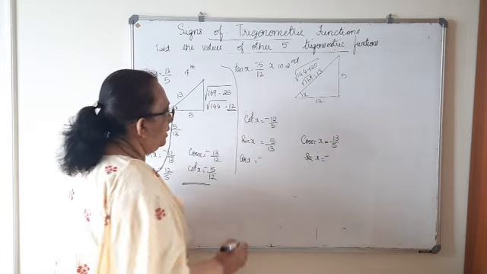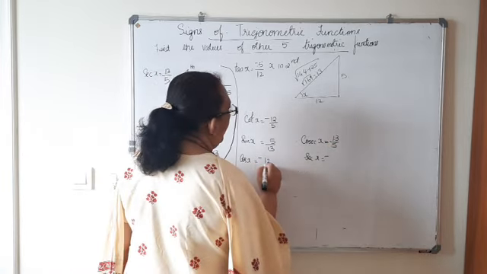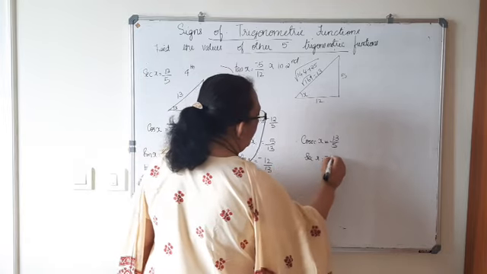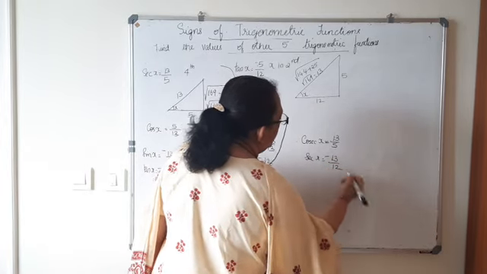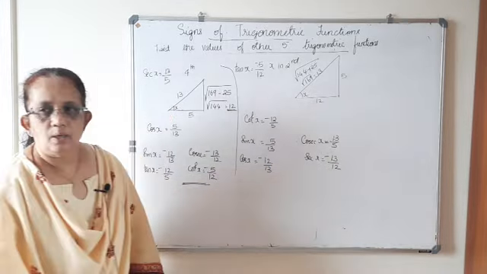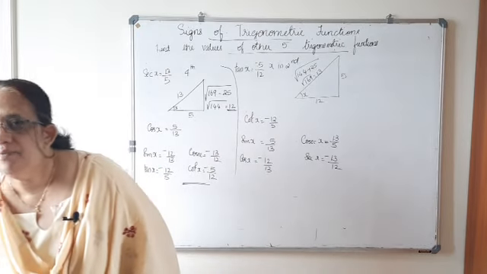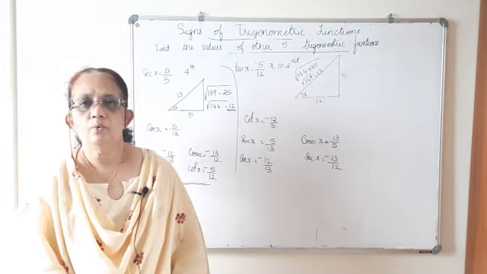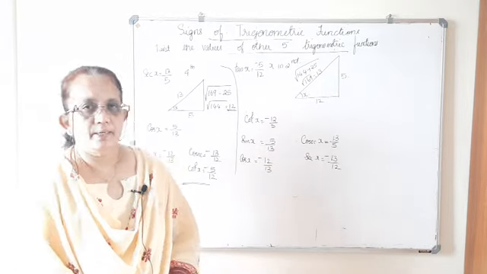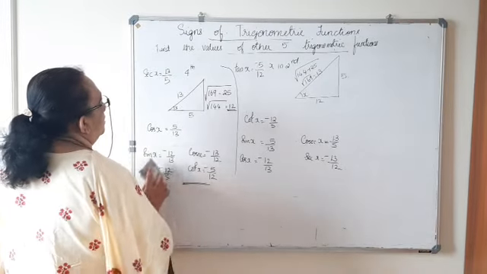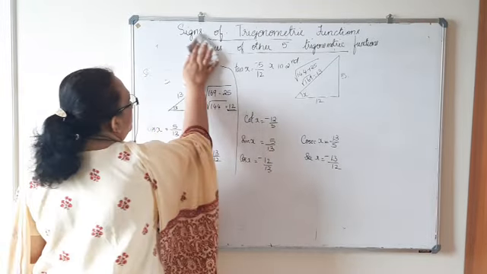Cos x is equal to minus 12 by 13, and sec x will be minus 13 by 12. So this is how you find the signs of the trigonometric ratios, and when one trigonometric ratio is given, how to get the other trigonometric ratios. I hope it is clear to you.